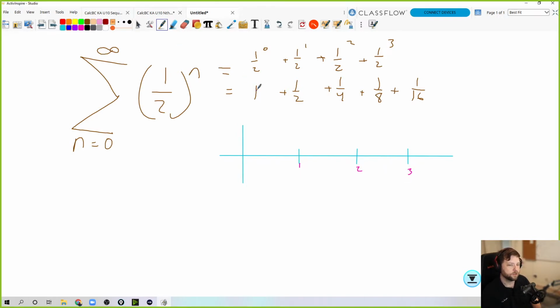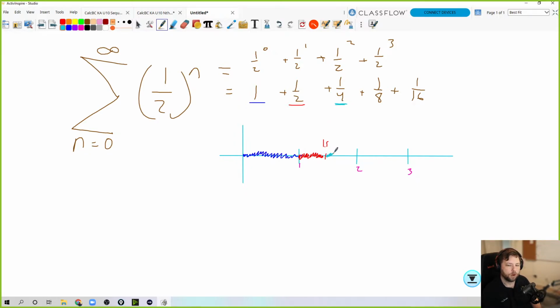If you added 1, that's going to fill you up to 1. And now I'm going to add 1/2 to that. That's going to fill me up to 1.5. Well, what if I added 1/4 to this?